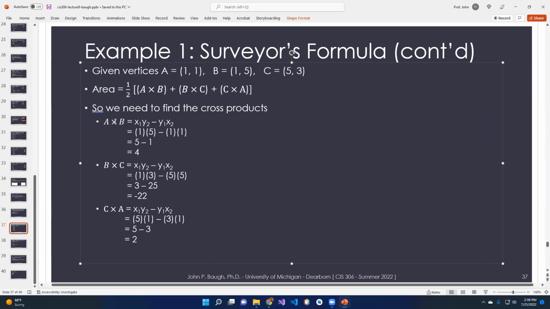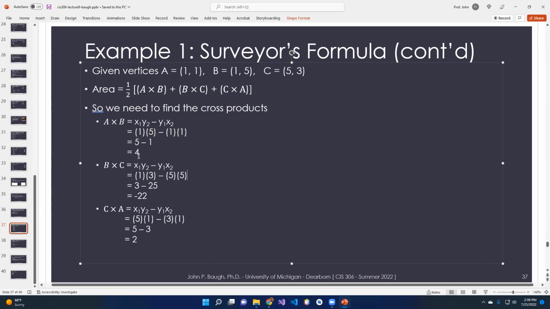So for the cross products, we have A by B, the magnitude of this cross product using our formula from before. We end up with 1 times 5 minus 1 times 1 from the A and the B. You end up with 5 minus 1, that's 4.